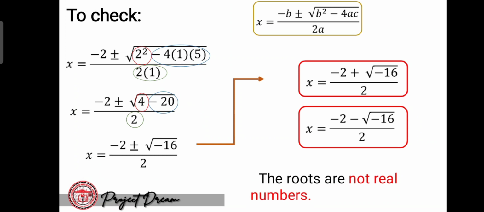Therefore, it is true that the roots of the given quadratic equation are not real numbers, or imaginary. Remember that using the discriminant, we can easily determine the nature of the roots of the given quadratic equation.